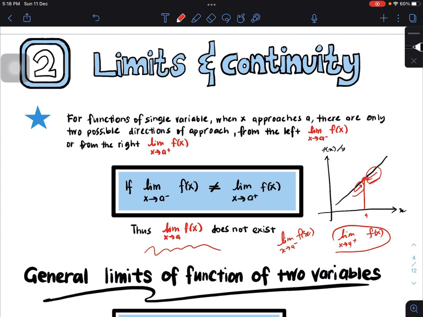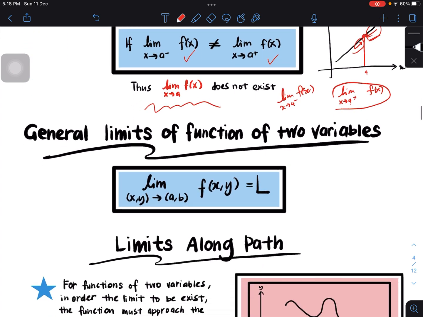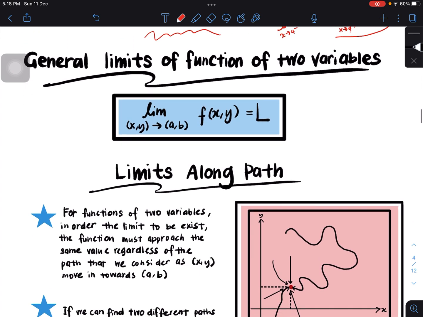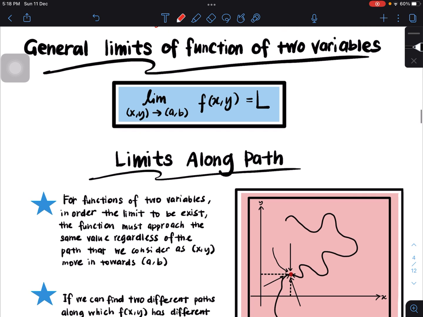Only if the value from the left and the value from the right are equal does your function have the limit. This is when you have two variables, x and y, which we learned before. Now we want to see the general limits of a function of two variables.